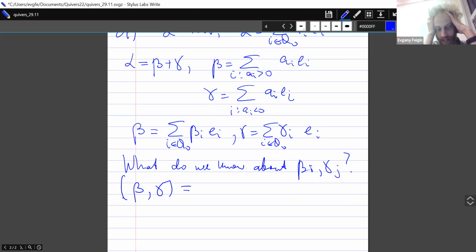Maybe I need some estimate. Is there something we can a priori say about the scalar product of beta and gamma? Maybe it should be less than 0, but okay. Why?